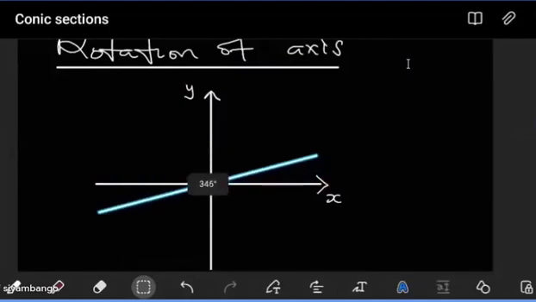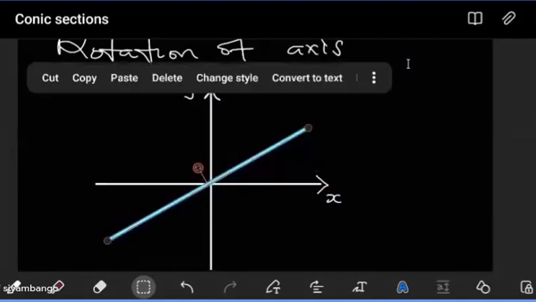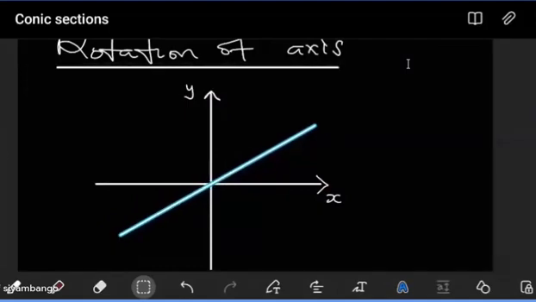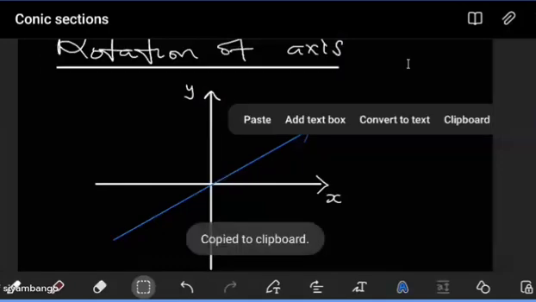Now, for practice sake, I'll maintain, let's say a 30-degree angle, but it's basically just any angle really, because we're deriving the general formula. And let's say the y-axis is also rotated through the same angle.